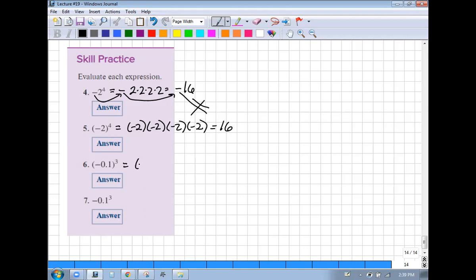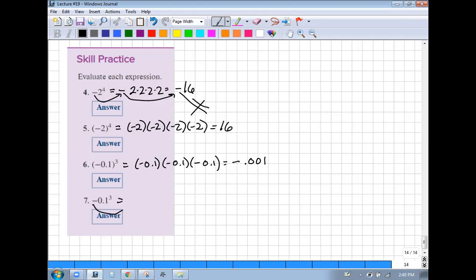This one here is a -0.1 times a -0.1 times a -0.1, which would be minus times a minus is plus, times a minus gives us a negative. Then this would be 0.001. Okay.